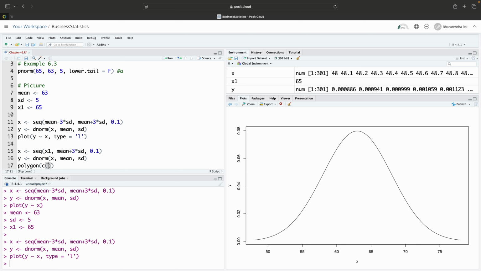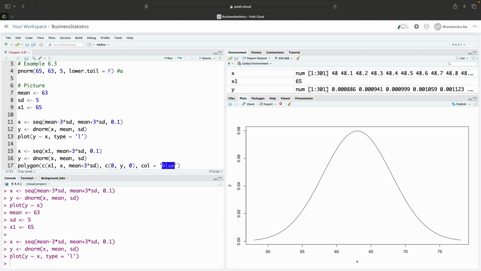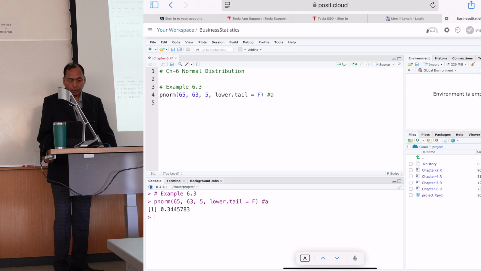Starting with x values, we can say x1, x, and that upper value, mean plus 3 standard deviations. Similarly for y values, we can simply say 0, y, and 0. And we can choose any color we like. So let me choose blue. So basically it shades values above 65.